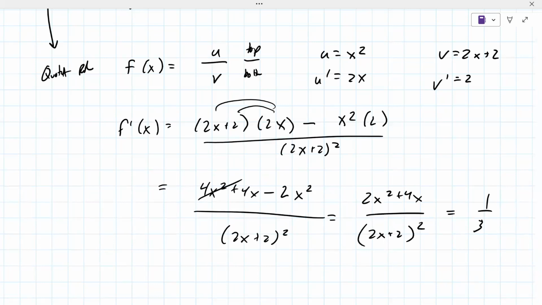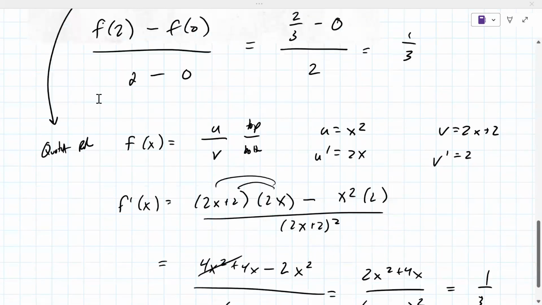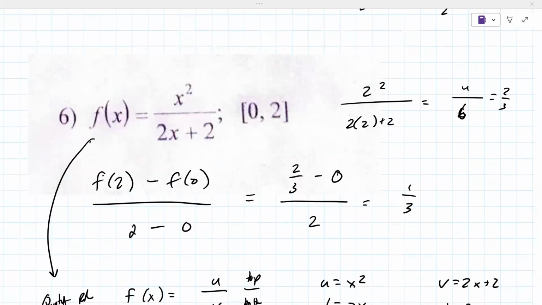I can't believe this worked. Let me check this before we proceed, just to make sure that this actually is going to work. X squared.